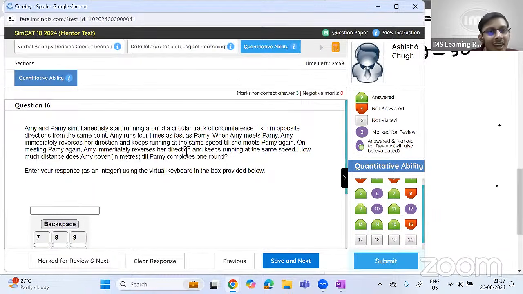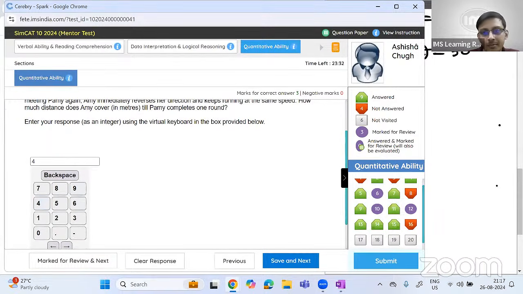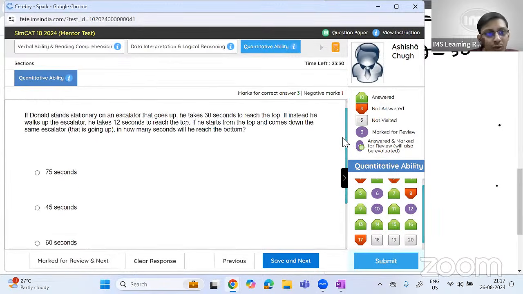This is very simple because A is 4 times as fast as P and they are continuously running at the same speed. They are not changing their speeds. So reversing direction will not matter in terms of total distance. P will complete one round, which is 1 kilometer. In the same time, A, being 4 times as fast, covers 4 kilometers. So the answer should be 4. Okay, 4 should be correct.